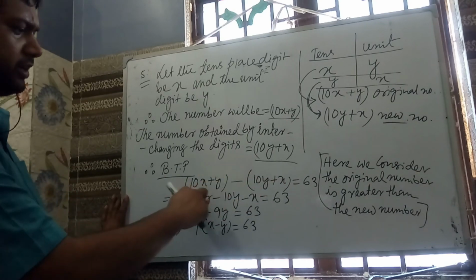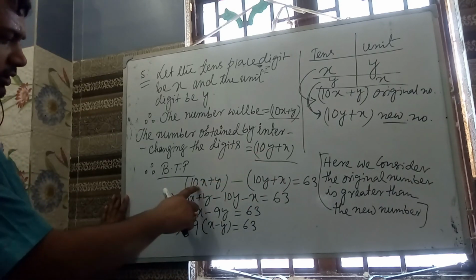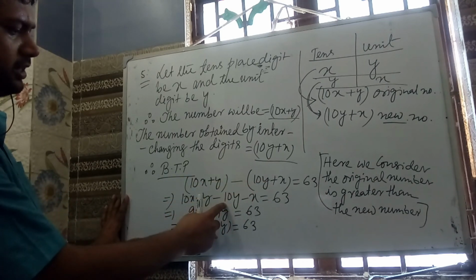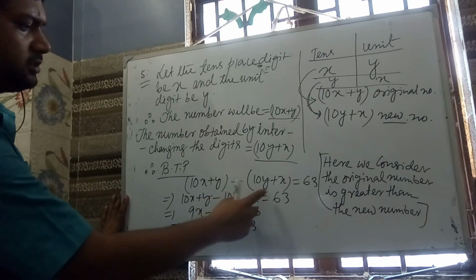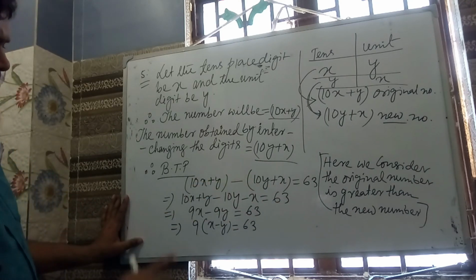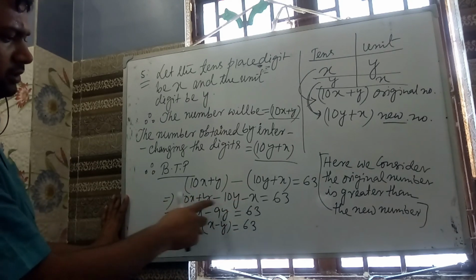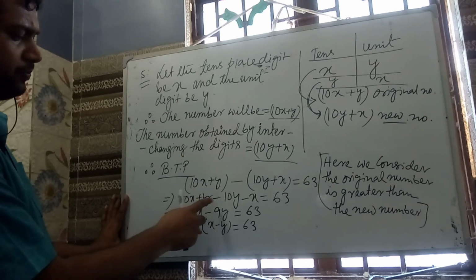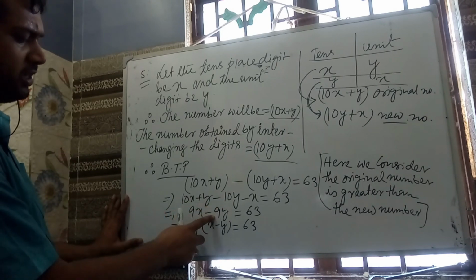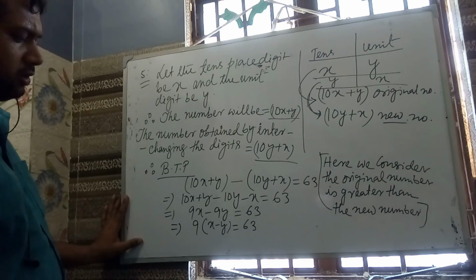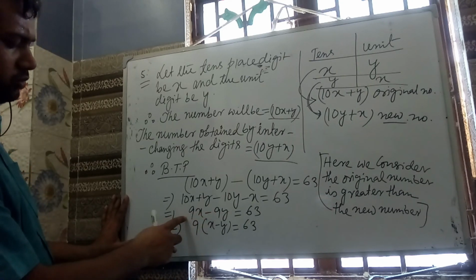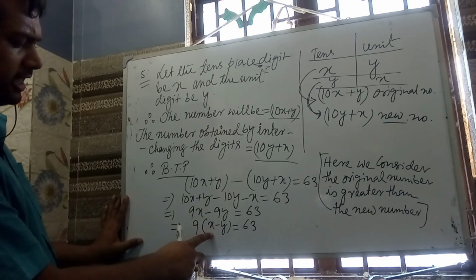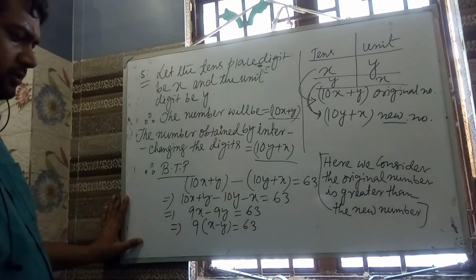Therefore, we are just omitting the bracket and calculating. 10x plus y stays as it is, minus 10y, and minus into minus gives plus x, equal to 63. 10x plus x is 9x, and y minus 10y is minus 9y. We are taking 9 common from these two terms, so it becomes 9 times x minus y equal to 63.